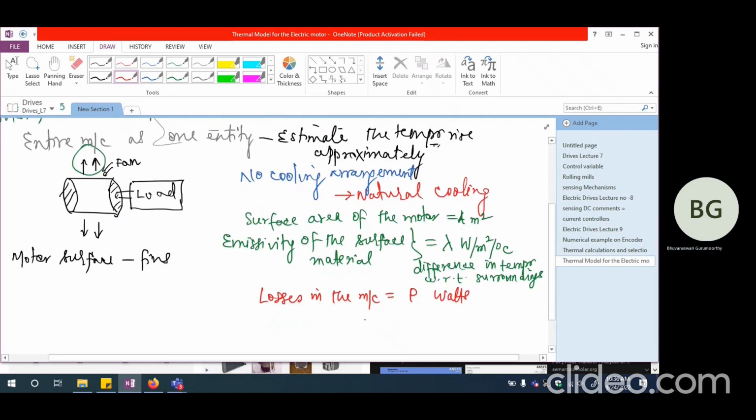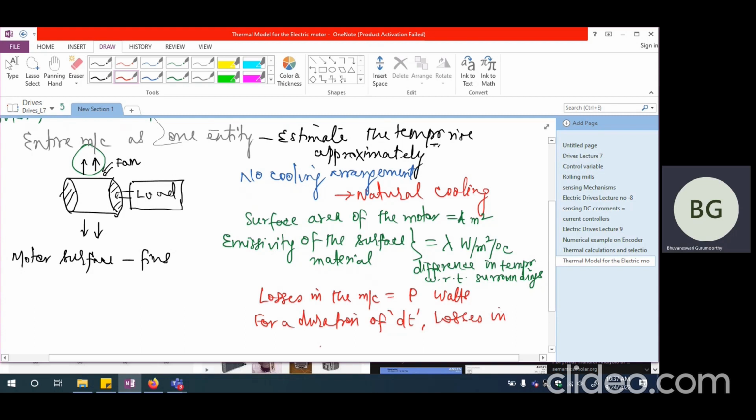Okay. Now I'm going to write the equation for a duration of dt seconds. So the losses in joules, if I try to write, I should be writing this as P times dt.